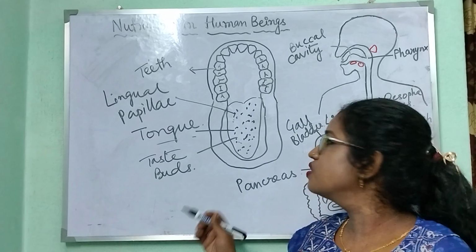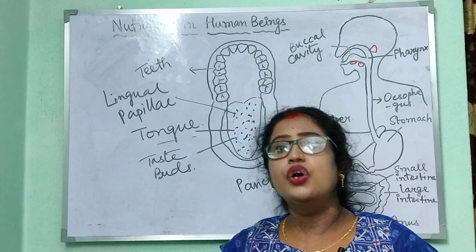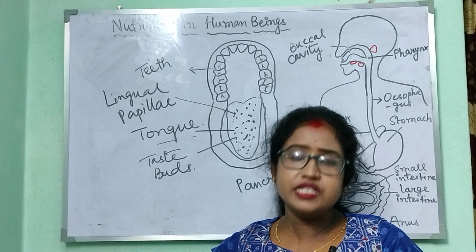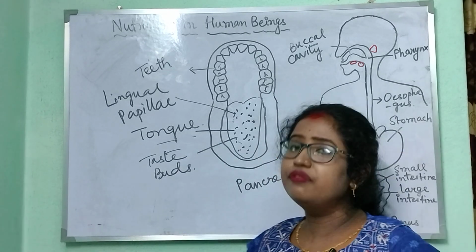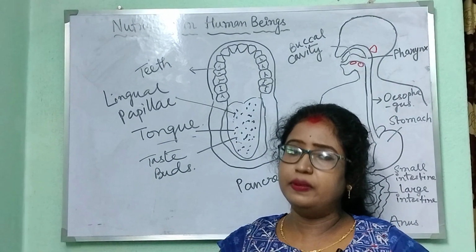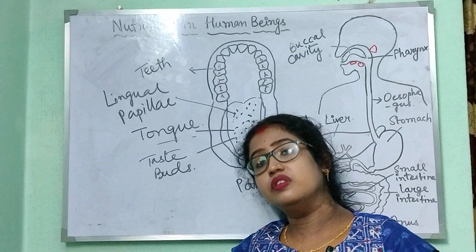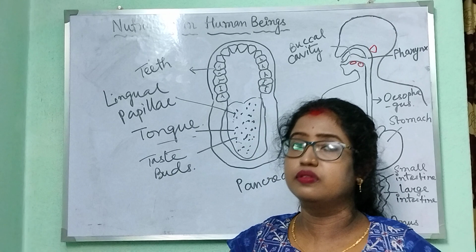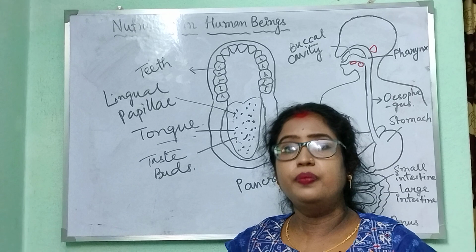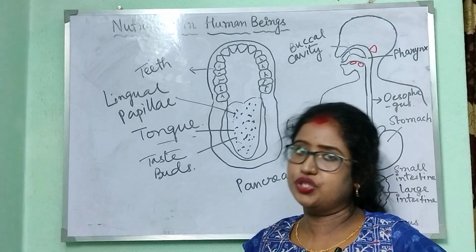The first one is to mix the chewed food with the salivary juice, so that the food is swallowed easily. The second function is that it has taste buds in its lingual papillae, so that we can taste different kinds of food. And the third, most important function of the tongue is that it also has a role in sound production.